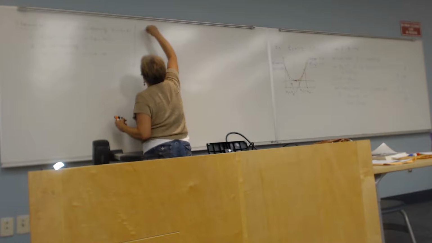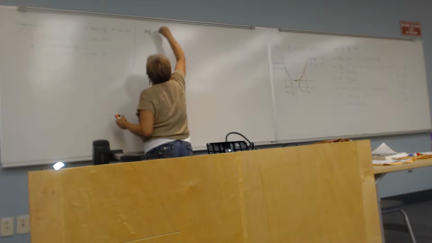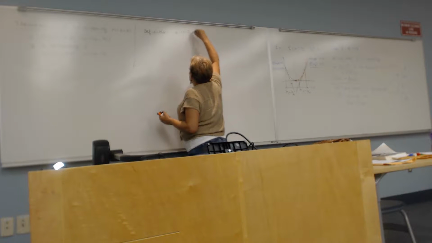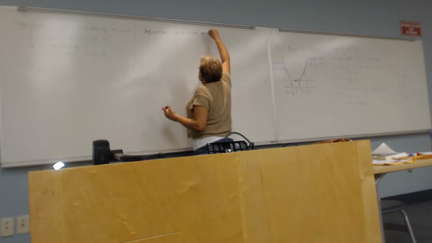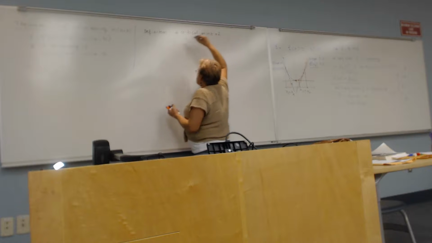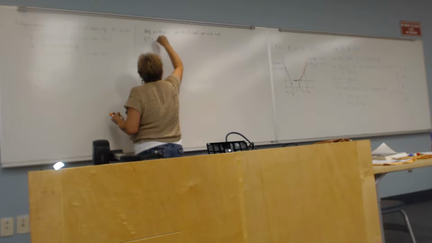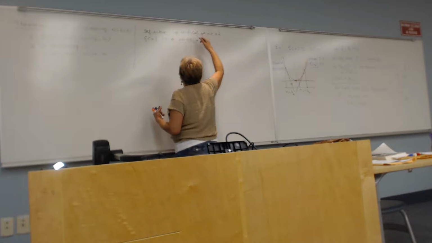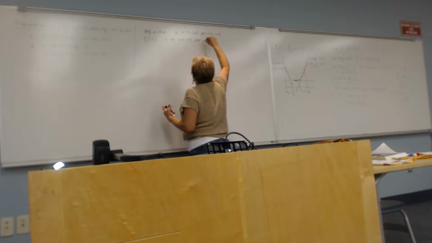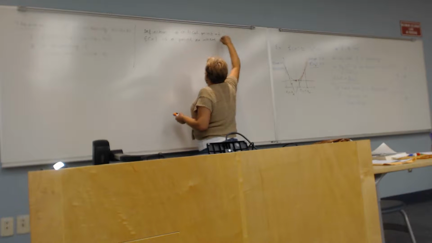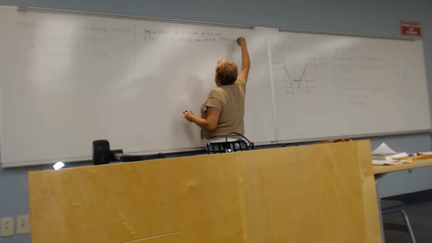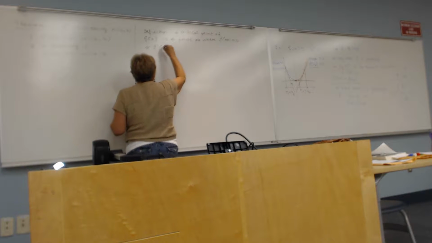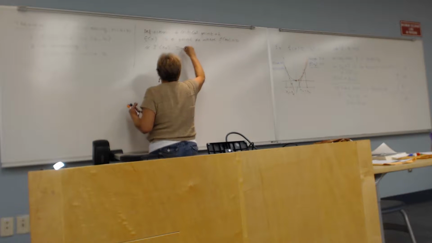So definition: a critical point of the function f of x is a point x0 where the derivative at x0 is equal to 0, or f prime of x0 does not exist.